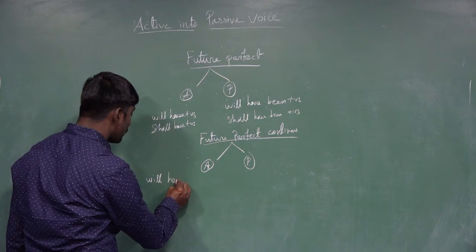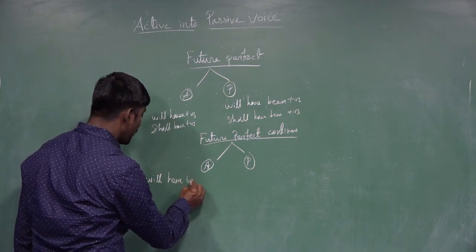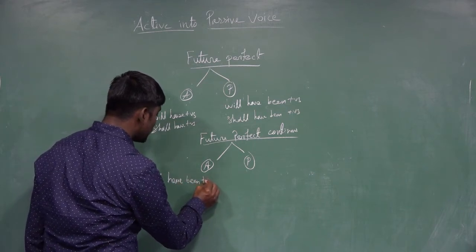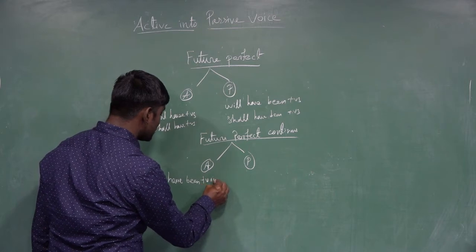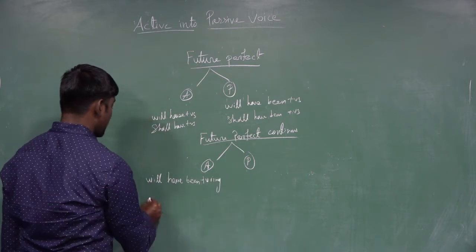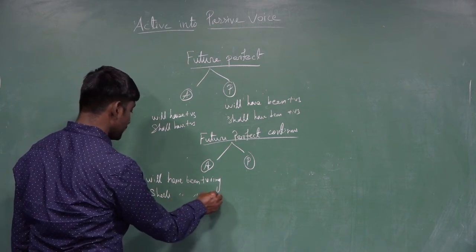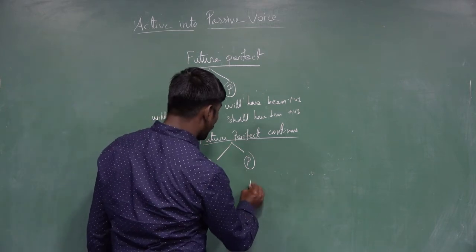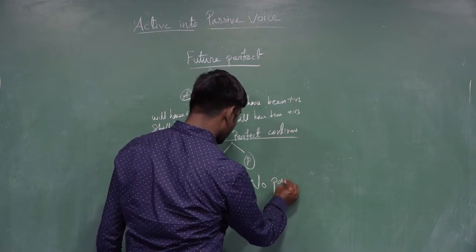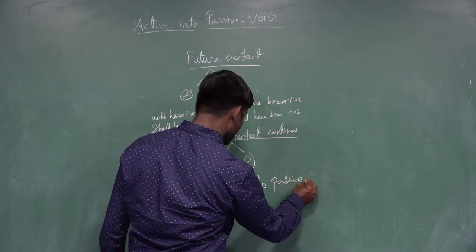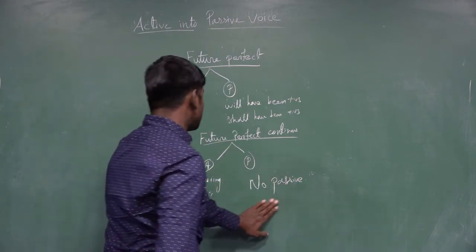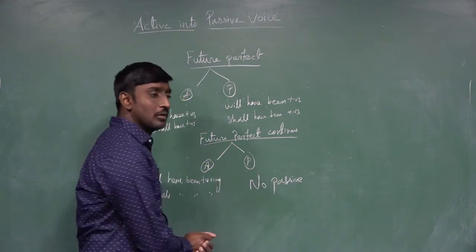Will have been plus verb plus ing, and shall have, and there is no passive. The sentence will not be changed to the passive.